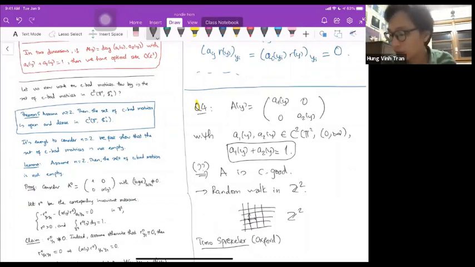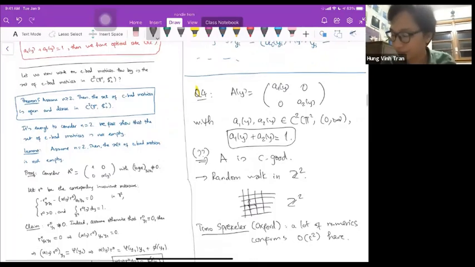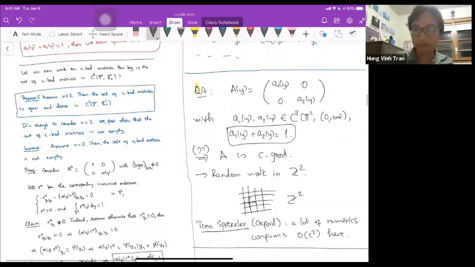So he also did a lot of numerics, and it always confirms O epsilon square in these situations. But we couldn't find a proof.